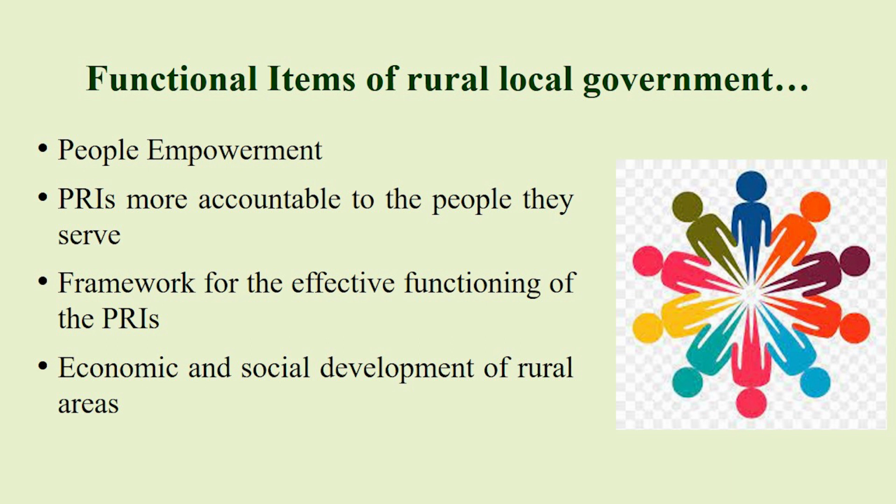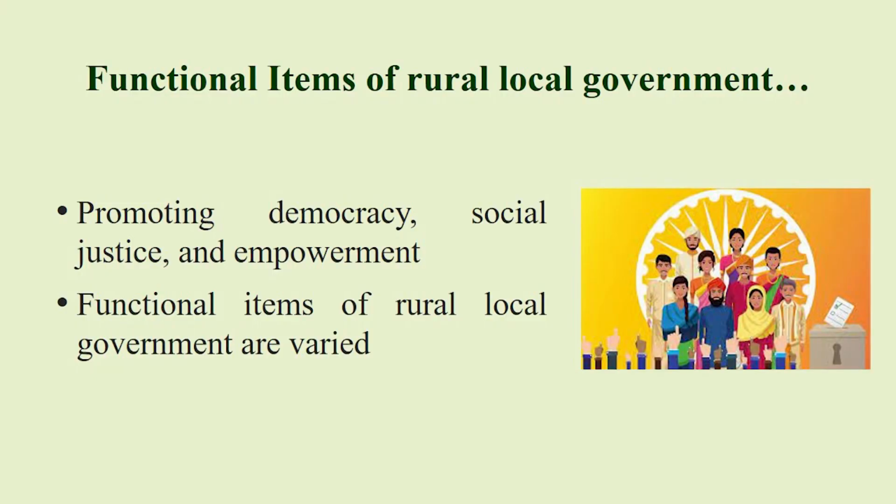The Act has also provided a framework for the effective functioning of Panchayati Raj Institutions and has enabled them to play a crucial role in economic and social development of rural areas in India. The Panchayati Raj Institutions have become an important tool for promoting democracy, social justice and empowerment in rural India.